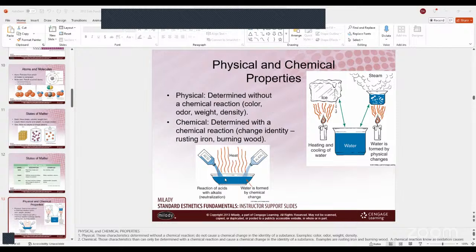And then water is formed by chemical change. Acid and alkaline mixed together can create heat. A lot of times you may say, I don't know why this client is burning.